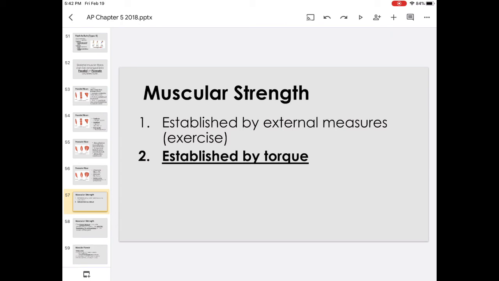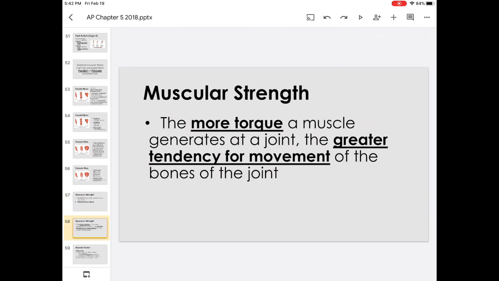Okay, so muscular strength. You get muscular strength because of some kind of external pressure, like when you're exercising. So we measure how much muscular strength you have by how much resistance you can actually move. When you measure muscular strength, you measure a lot of muscles at once. This is going to be established by torque, which gives you a more precise assessment of the strength that you are able to have.